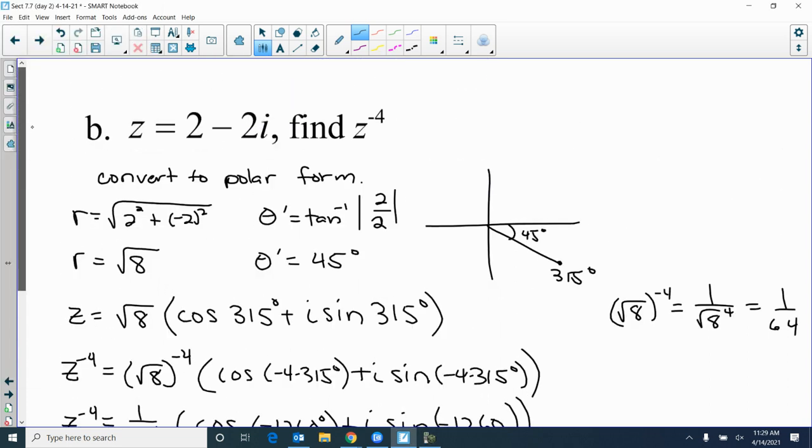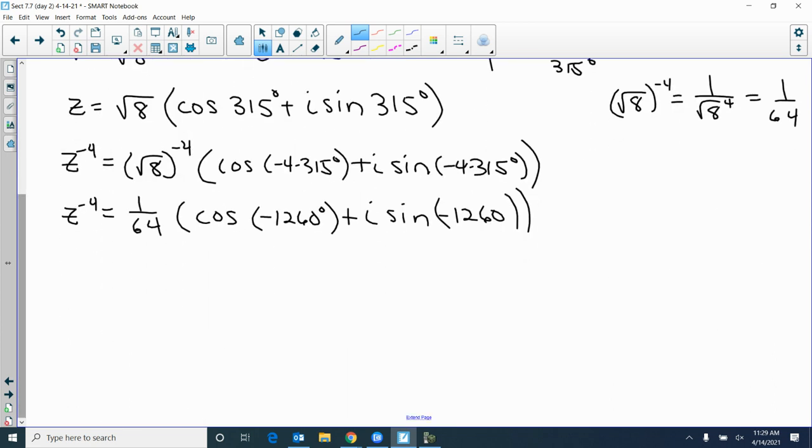But I do want this in the end in rectangular form. So z to the negative fourth equals 1 over 64 cosine of 180 plus i sine of 180.